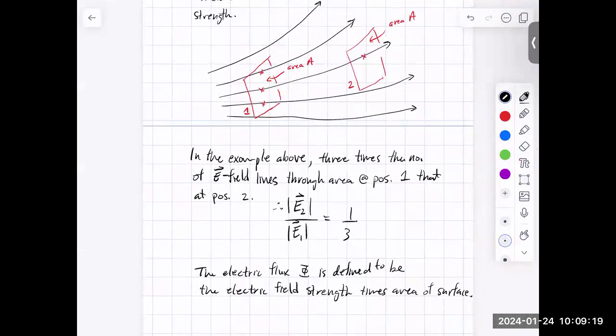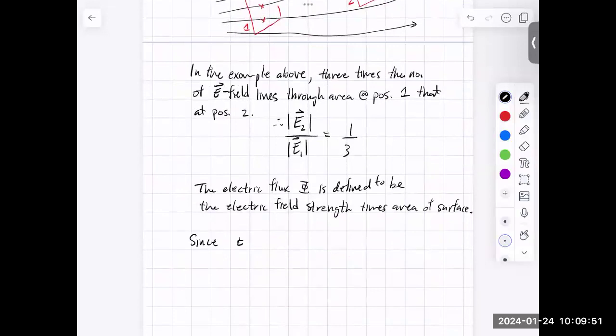Okay, so over here, at position 2, because we have the same area but the electric field is weak, we have a low flux at 2 and a higher flux at 1. In fact, if we're counting lines, the flux is proportional to 1 at position 2 and proportional to 3 at position 1.